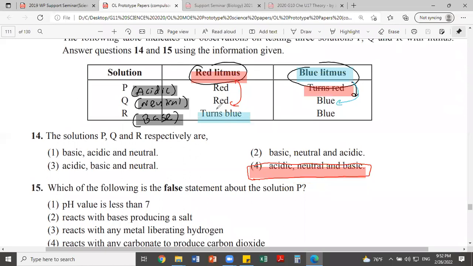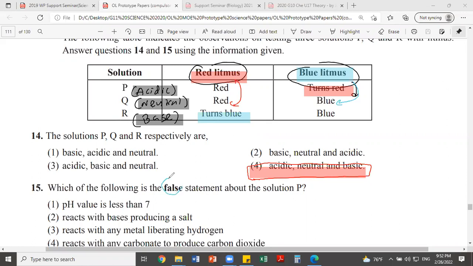Any volunteers for the 15th MCQ answer? Some of you are telling third, some of you are telling fourth.